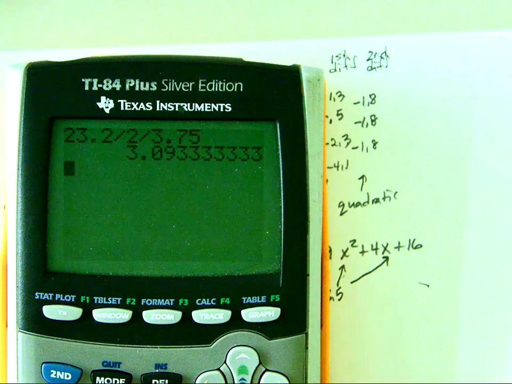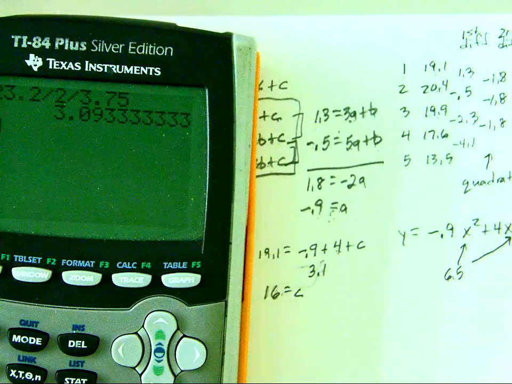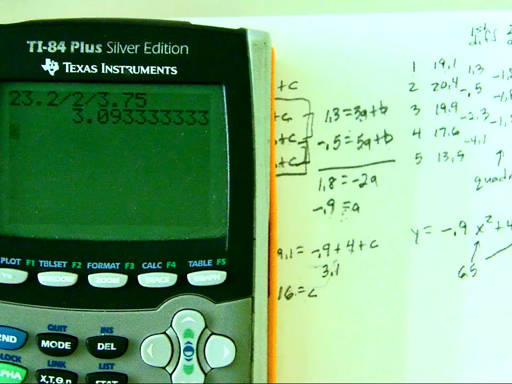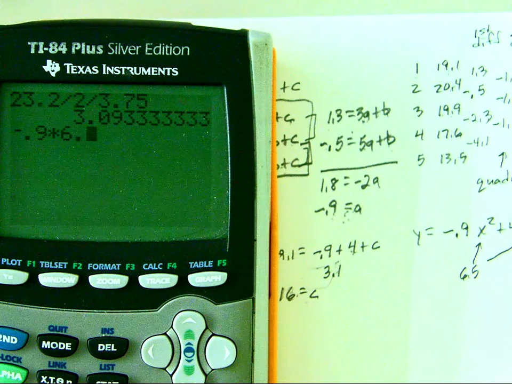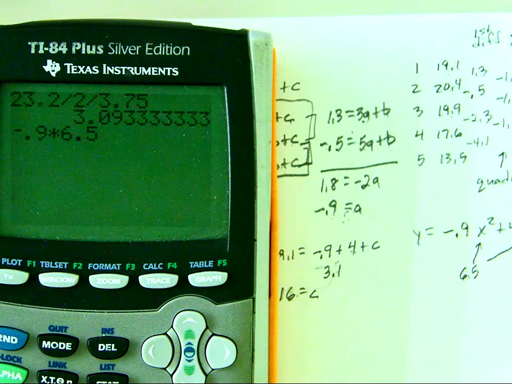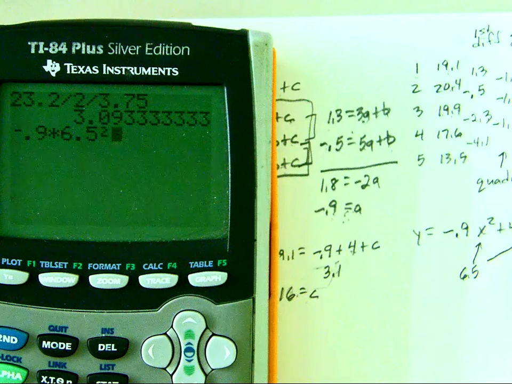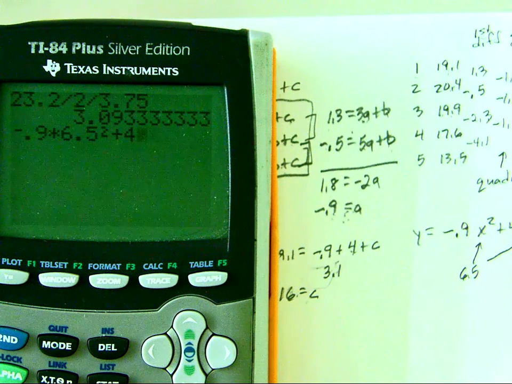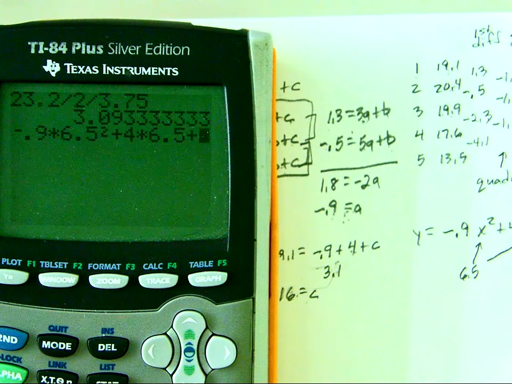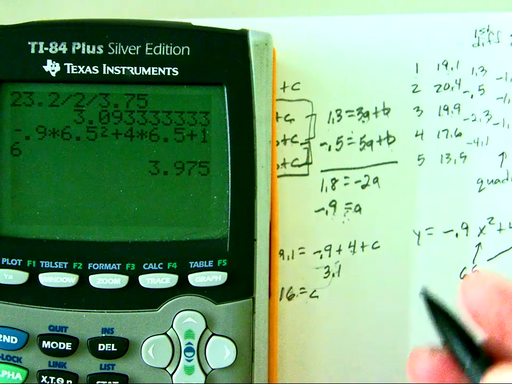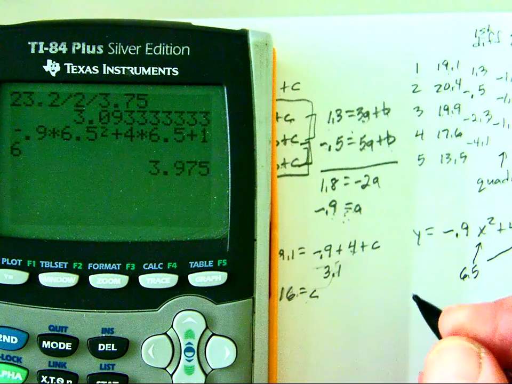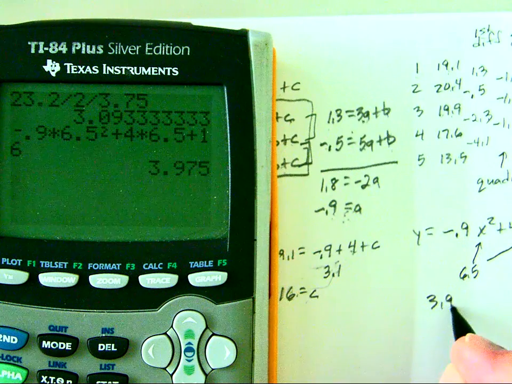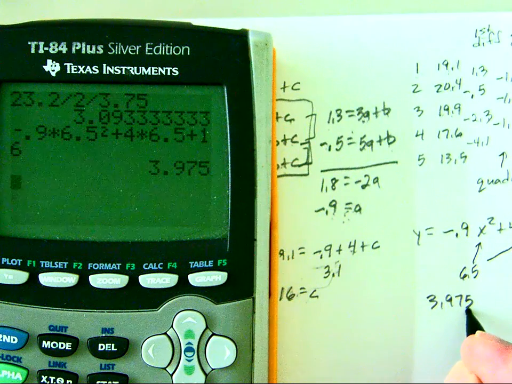So if I did that on the graphing calculator, if I take a negative 0.9 times 6.5 squared plus 4 times 6.5 plus 16, I get 3.975. So the height after 6.5 seconds would be 3.975 feet.